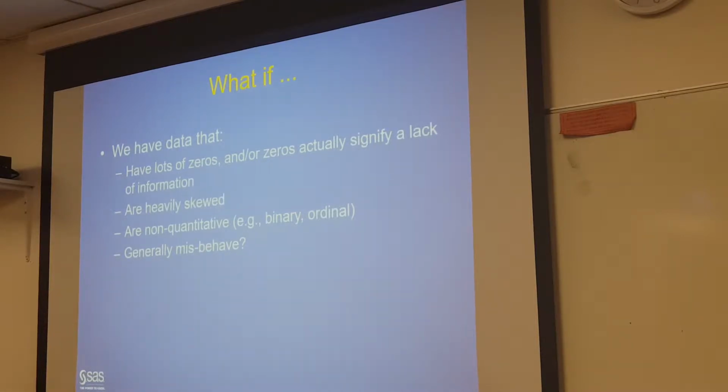You know what I mean by skewness, right? If you have a heavily skewed distribution, then rather than being symmetrical, the tail of the distribution heads off in one direction or another. Perhaps you've got non-quantitative data, binary data, or ordinal data. This is what statisticians typically call data that are misbehaving, because we like our nice normal distribution, since all our statistical theory is based on that.